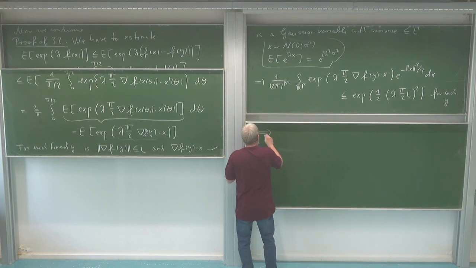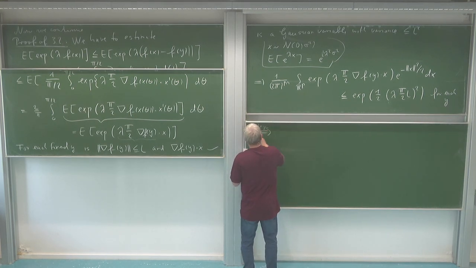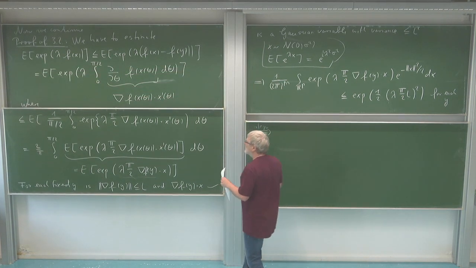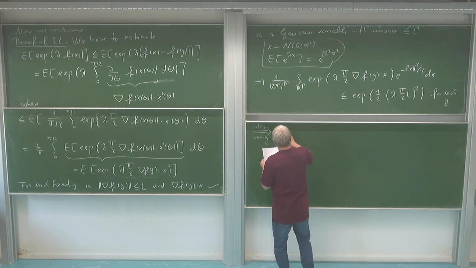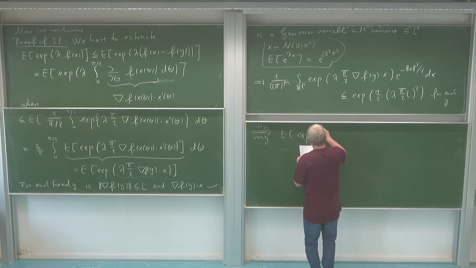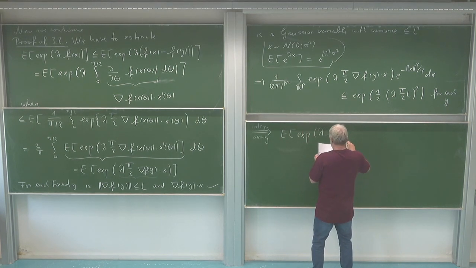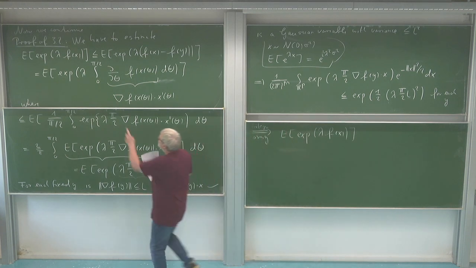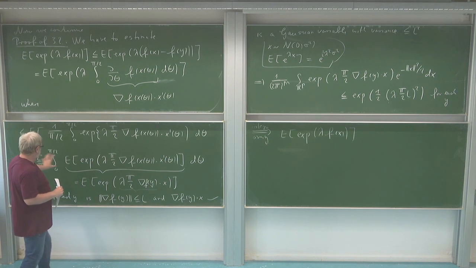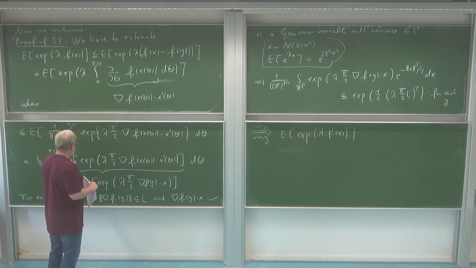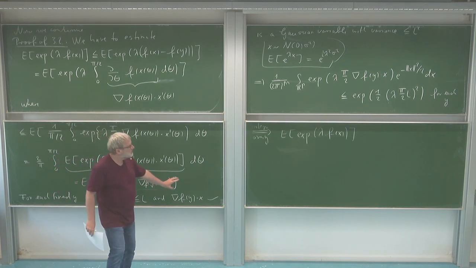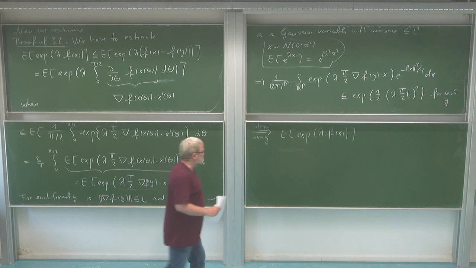So now I do the integration over y, and then I get that I can estimate the expectation of the exponential of lambda f of x. I have estimated this against this term for each y, and now I'm just doing the remaining integration.